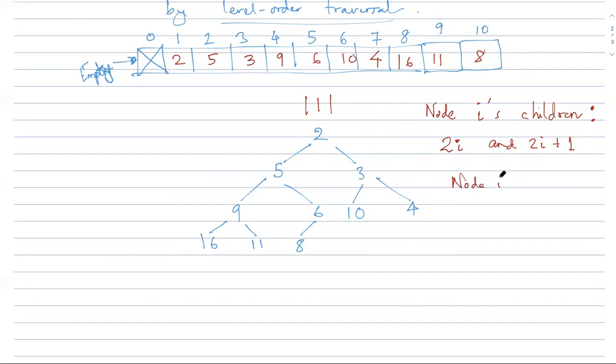And node i's parent can be accessed as i divided by 2. This notation is signifying that we are taking a floor of the value. So in other words, if it is 5 divided by 2, then the answer is 2.